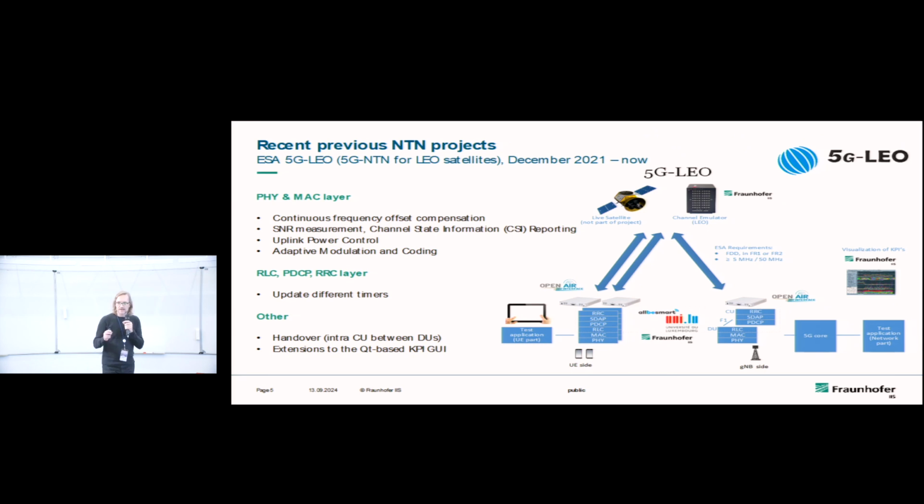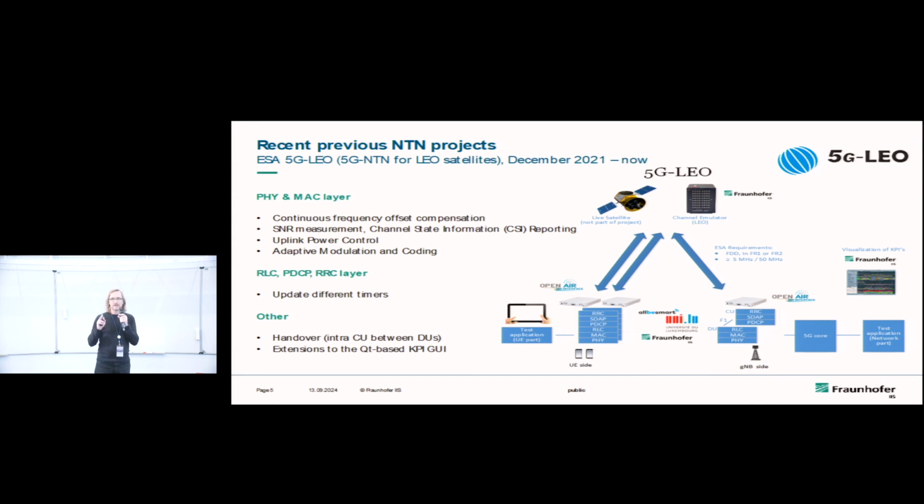But the other partners, still University of Luxembourg, but Albismart was also contributing a lot to this project, especially on the handover task, because here, the idea is if you've got a LEO satellite, it's moving fast, and we have to hand over between two different satellites. Yes, we had to promise ESA that we would also look into this topic.